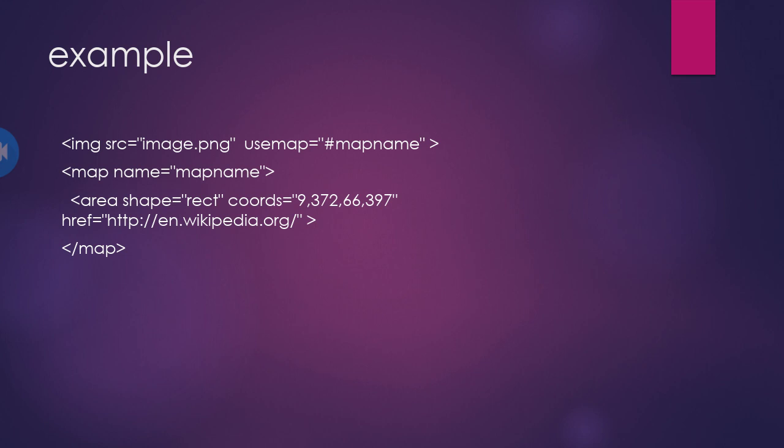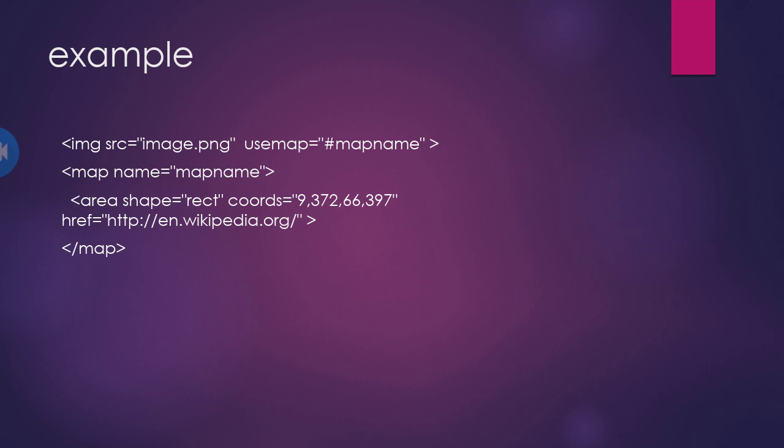Now I have taken an example to explain how you have to use the image mapping tag in HTML and what the syntax is to write it. So look at the first line. Start with an angular bracket, IMG SRC, image source.